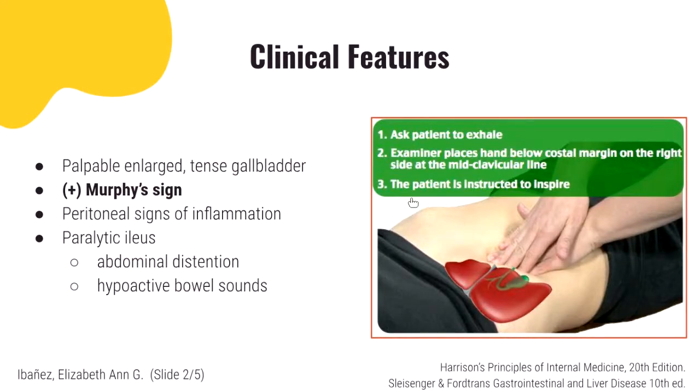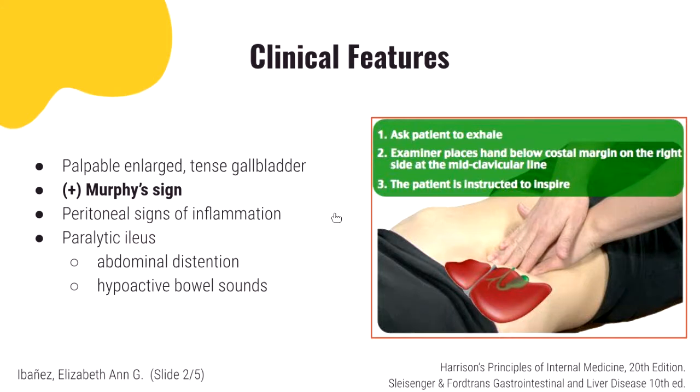For the gallbladder to descend, and it will touch the hand of the examiner. Okay, so it's because when you inhale, the expansion of your pleural cavity will push your liver and your gallbladder down. Yes po.